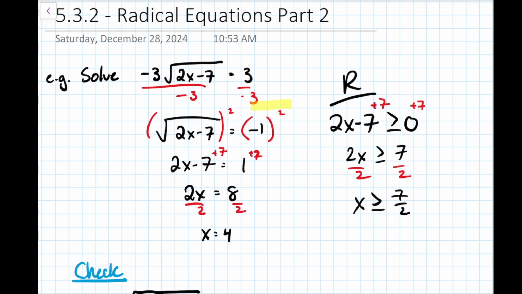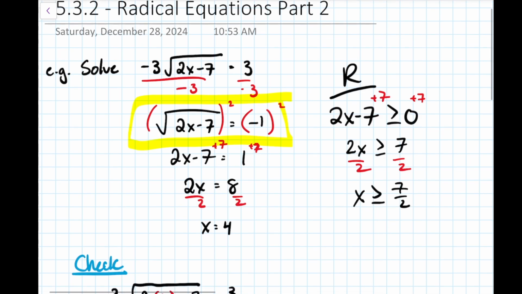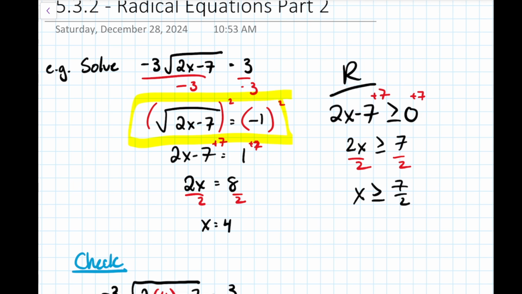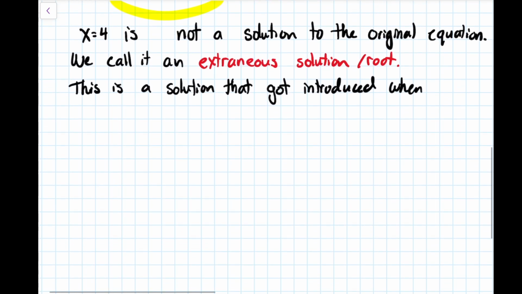And that was right here, where we had a root equaling a negative number, but a square root's never going to give you a negative answer. That can't happen. But when we squared both sides to get rid of the root, suddenly we got rid of the negative, and this became +1 instead of -1. And that is a problem. So our extraneous solution got introduced when we squared both sides of the equation.